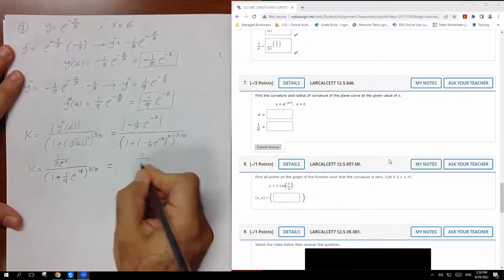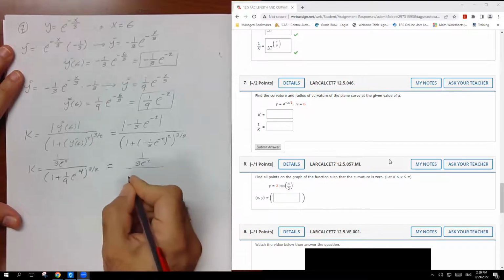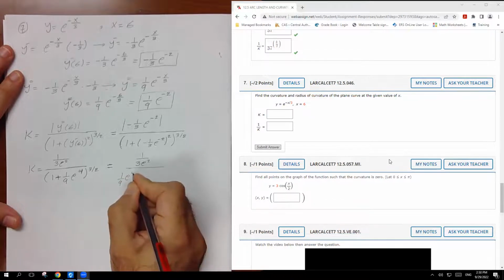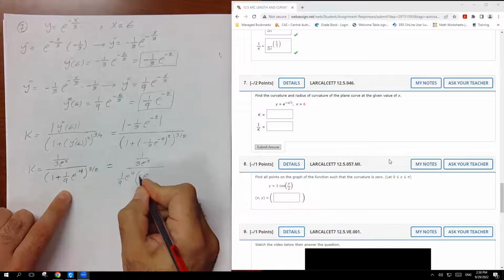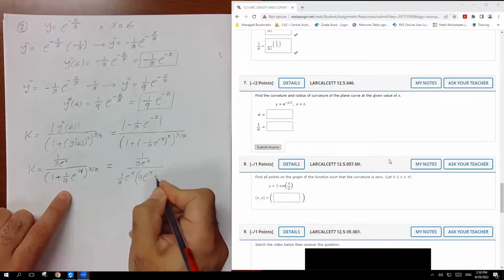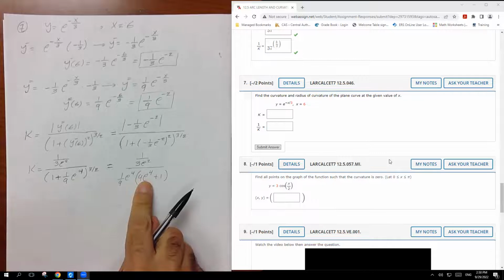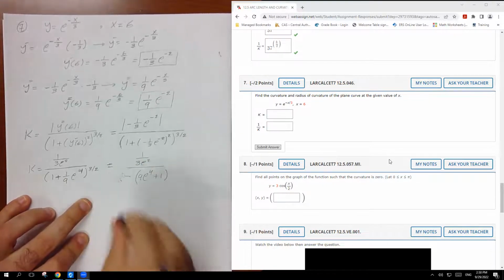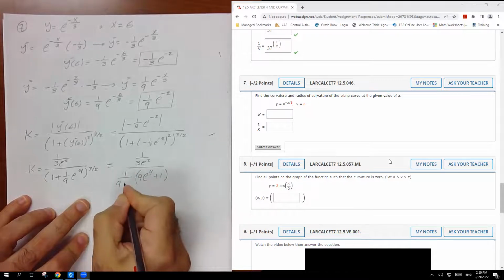So 1 over 9 e to the negative 2 over, I'm going to factor out 1 over 9 e to the power negative 4, so here is going to be 9 e to the power 4 plus 1. If you distribute now this one with this one, I get 1 over 9 e to the power negative 4.